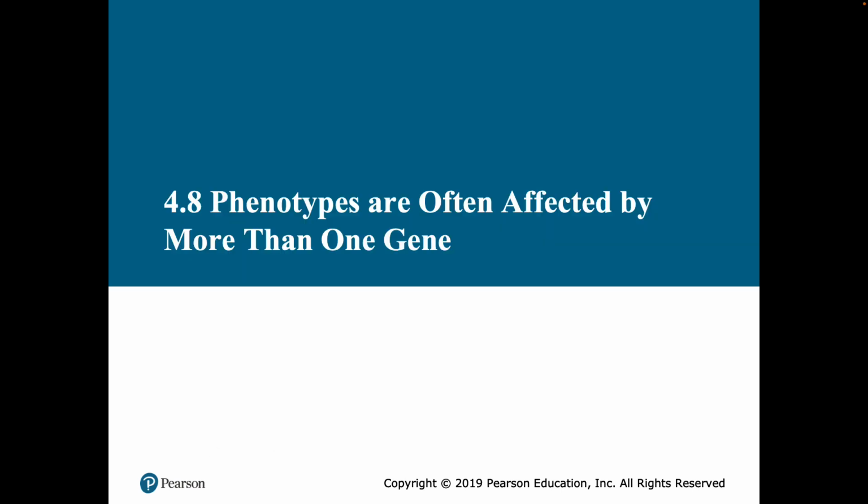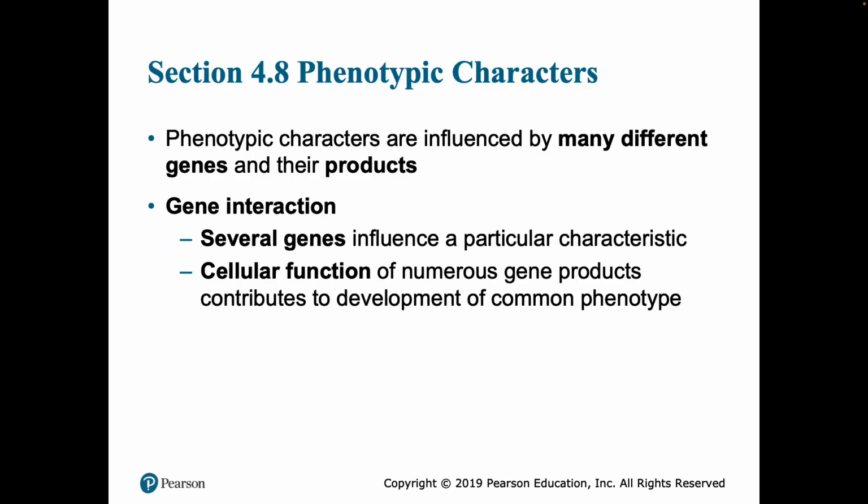Now, we've talked about this idea very briefly when we talked about that Bombay phenotype, that you can have multiple genes affecting a single phenotype. And that can also make it a little bit more difficult to predict what's happening in terms of inheritance patterns.